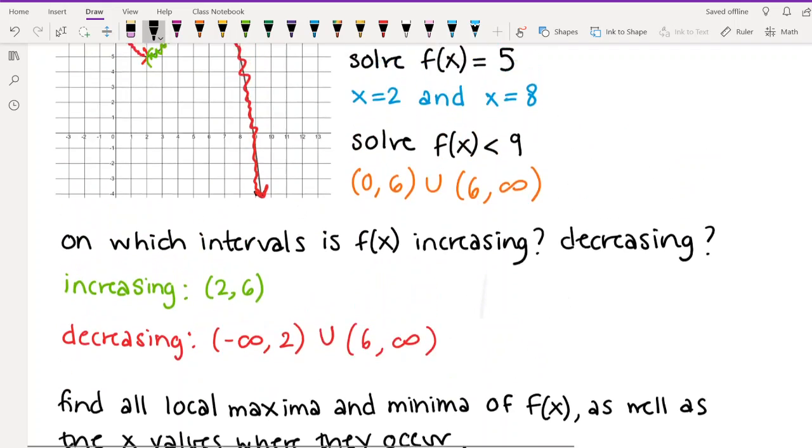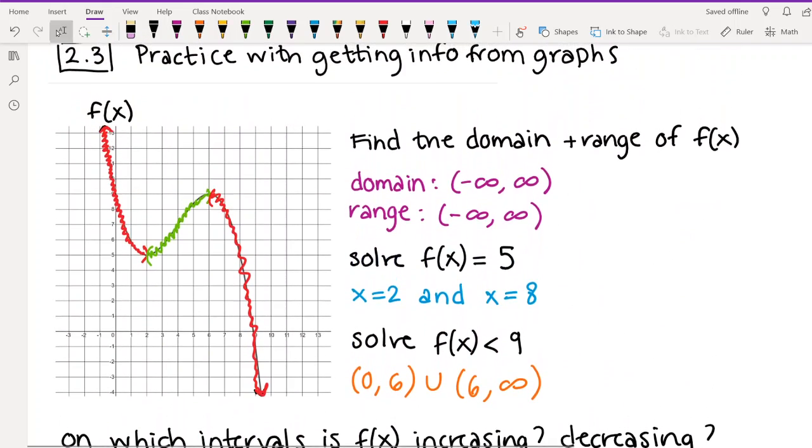Okay, so to find local maxima and minima, now we're looking for peaks and valleys in the graph. Anytime your graph has this sort of valley shape, that's called a local minimum. Anytime it has a peak shape, that's called a local maximum. So we can see that we have a valley shape at this point, and so that tells us that we have a local minimum of 5, right?